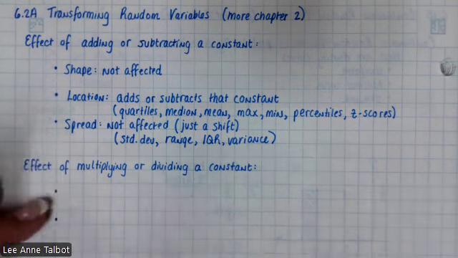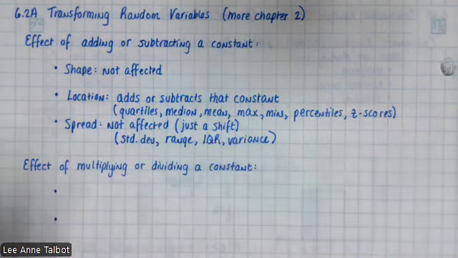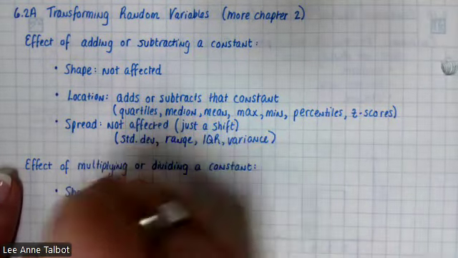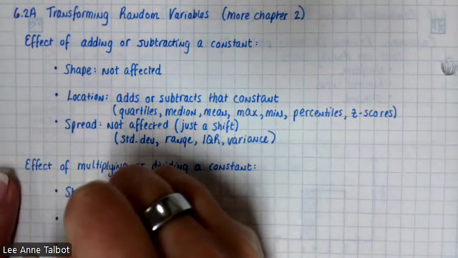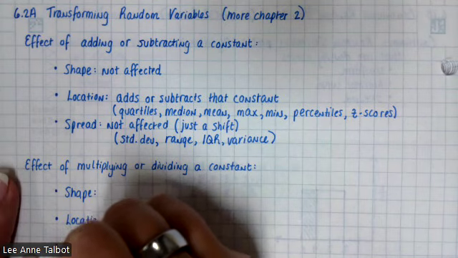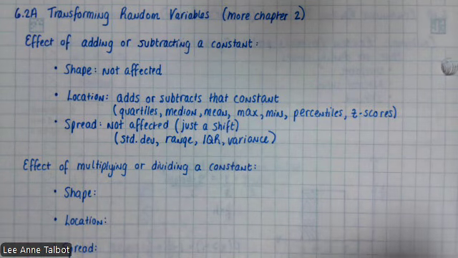Okay, now multiplying and dividing, this will be shorter because we don't need to list all the types again. So we have shape, location, spread. Is the shape affected by multiplying or dividing?